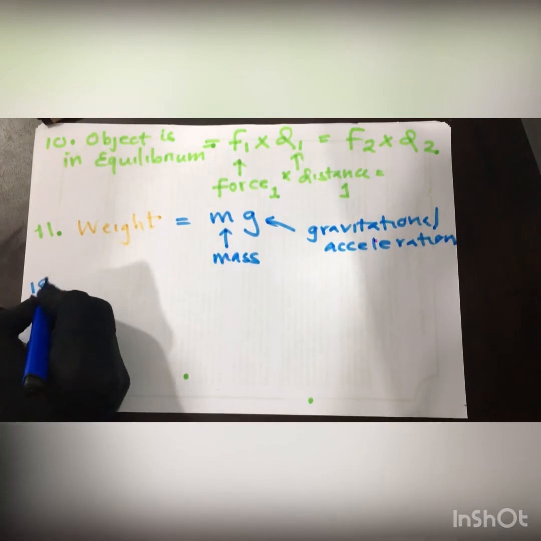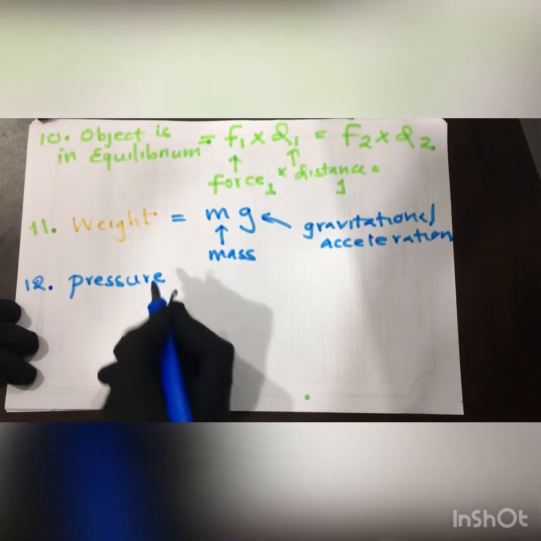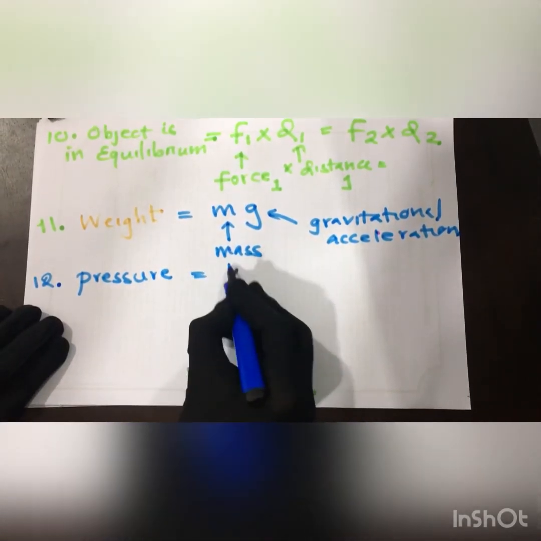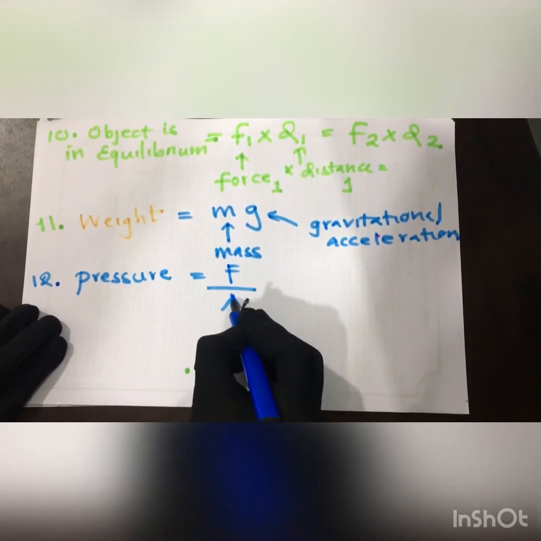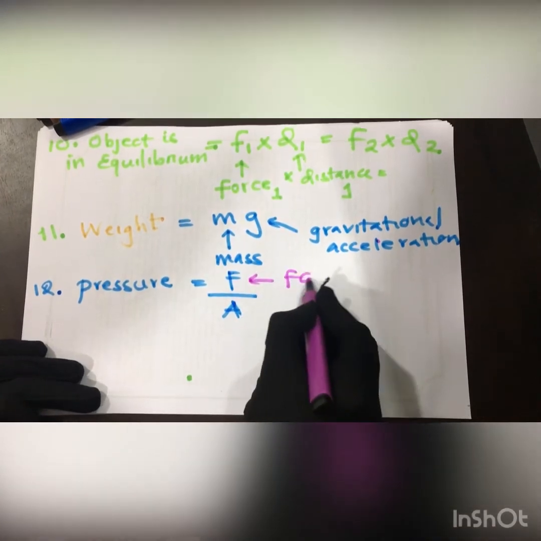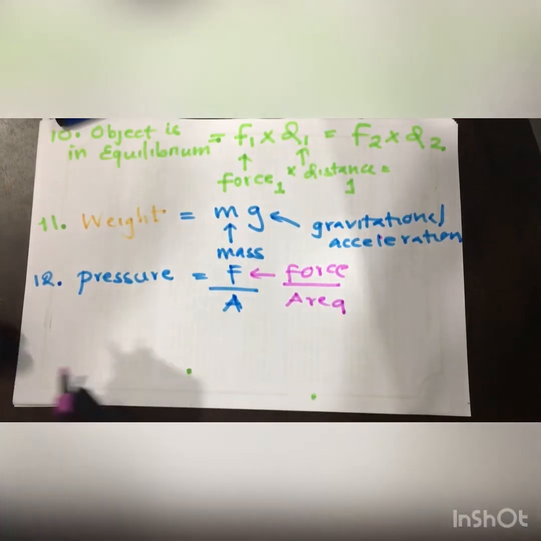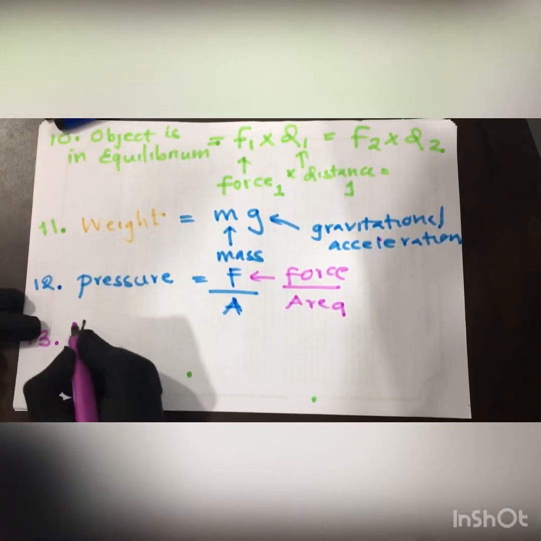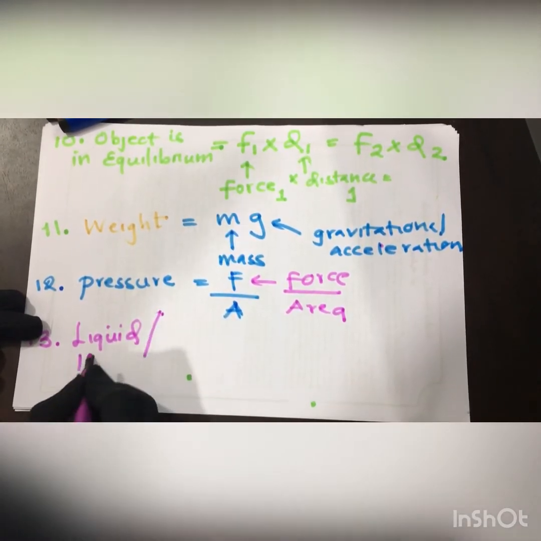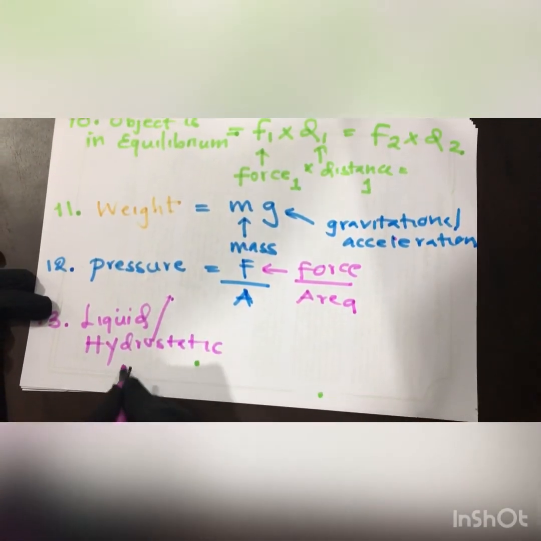And the 12th equation is pressure. This mainly concerns solid pressure. Pressure equals force over area. F is the force, A is the area. And the 13th equation is liquid pressure, or hydrostatic pressure.